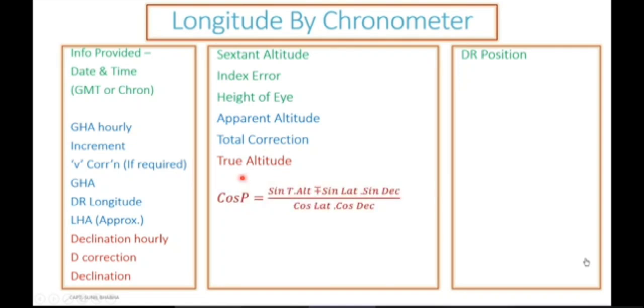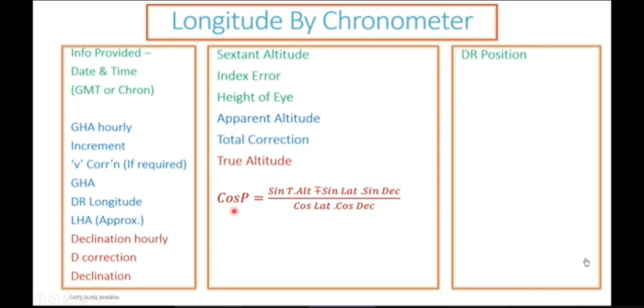What is the Longitude formula? The formula says cos of P. This is the same P which we saw in the azimuth calculation in the ABC method. P is basically angle P of the PZX triangle, and it is derived from the LHA of the body. It could be equal to LHA or it could be equal to 360 minus LHA.